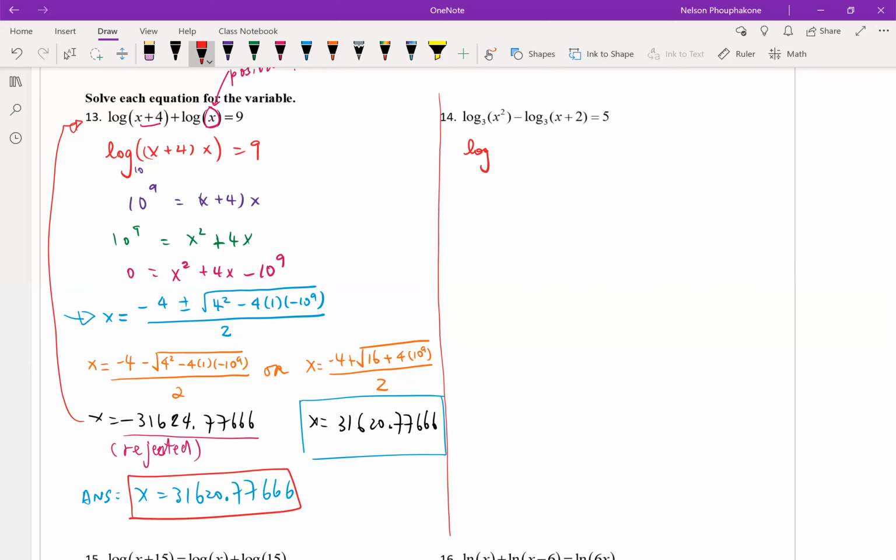So I have log base 3 of x squared over x plus 2 equal to 5. Then now I will have x squared over x plus 2 equal to 3 to the 5th. And then we know that 3 to the 5th is 243. And now we could have x squared equals 243 times x plus 2.